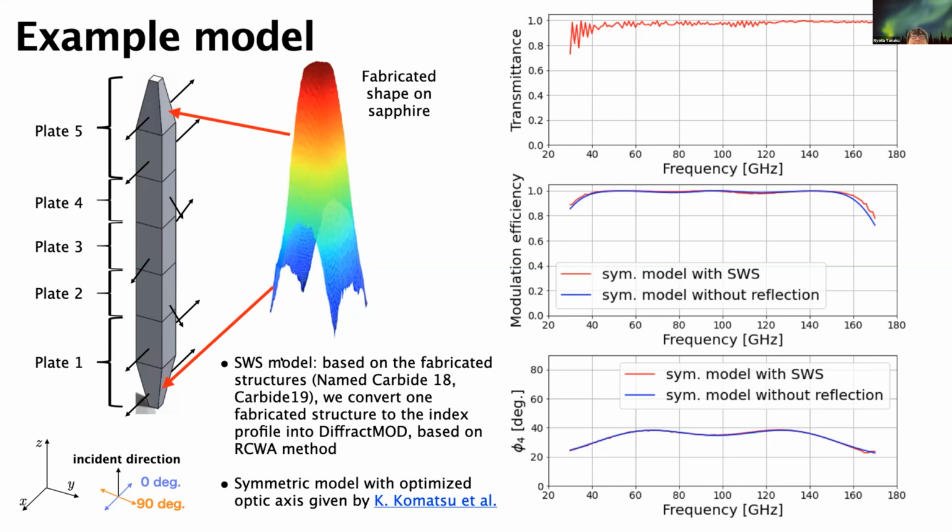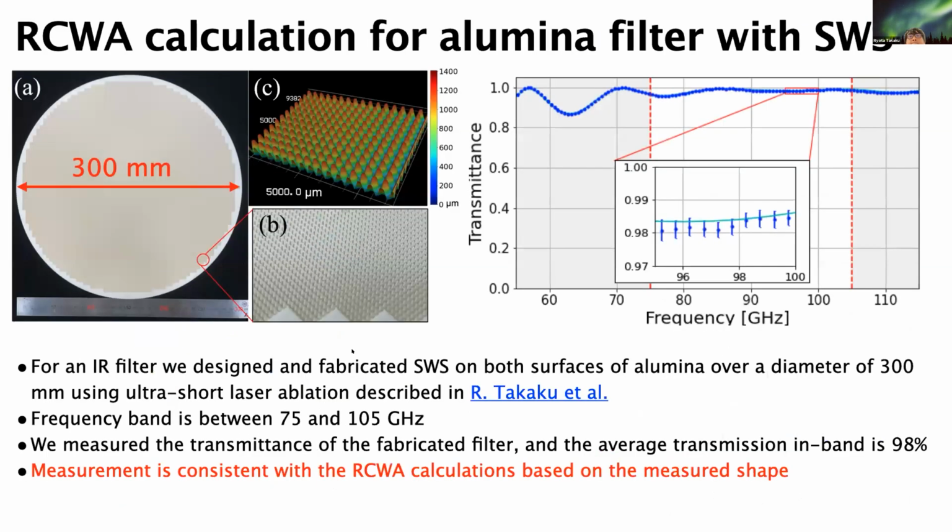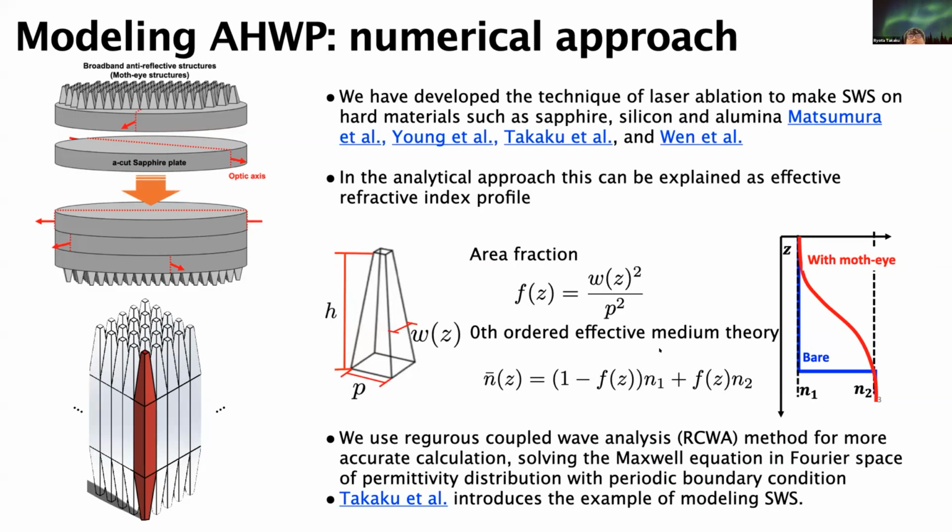But for example, we can compare the model of the pyramidal structures with the actual shape, and we can compare the stepped anti-reflection coating with the actual shape, and also compare using effective media theory with the RCWA, and we find that the RCWA method can be more accurate than the effective media theory.